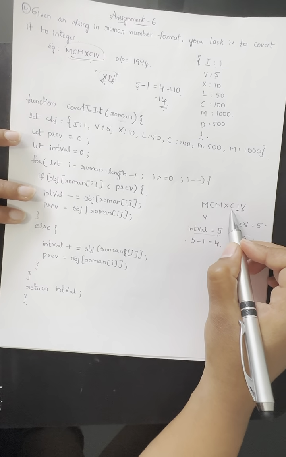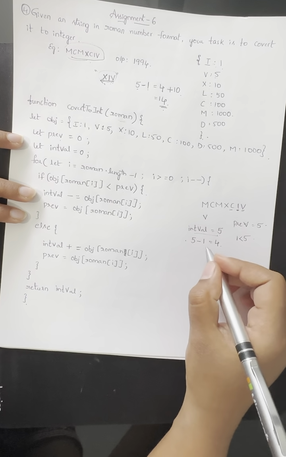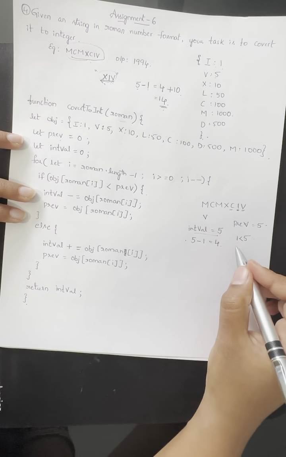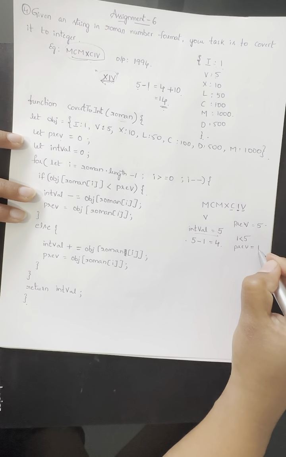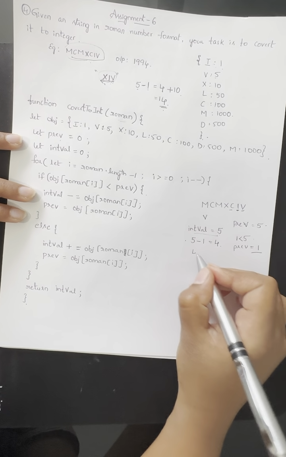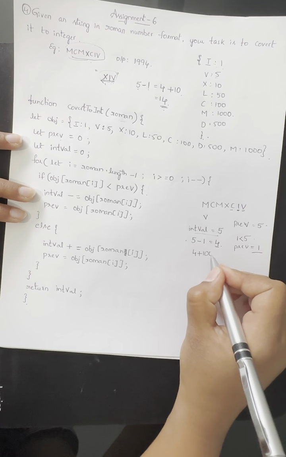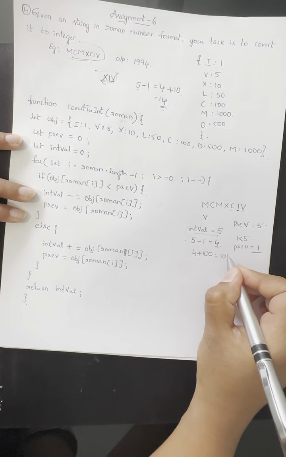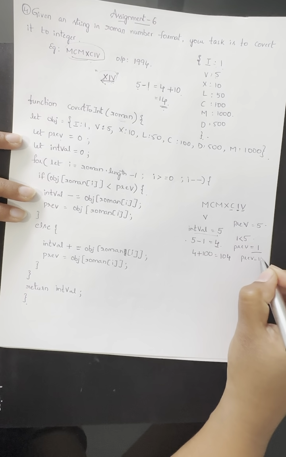Then i is decremented, and we have C, 100, which is greater than the previous value, which is 1. Now we add it to the integer value, 4, plus 100, which becomes 104, and the previous becomes 100.